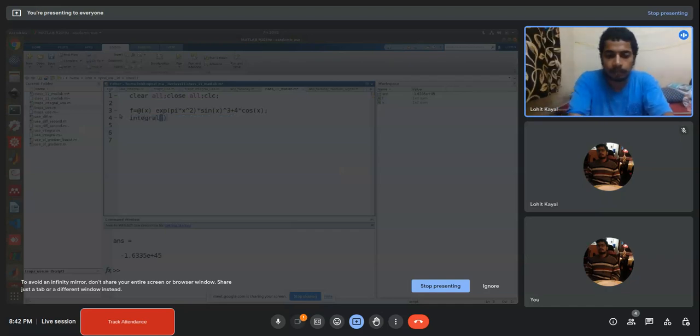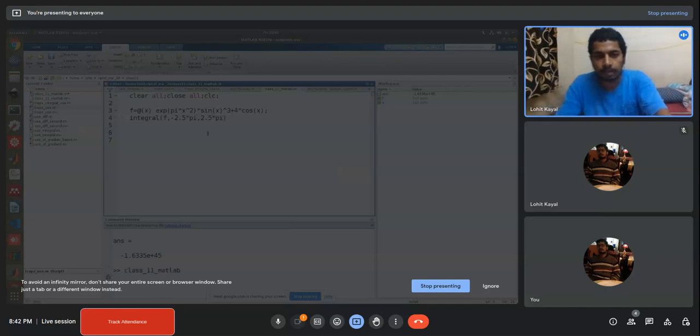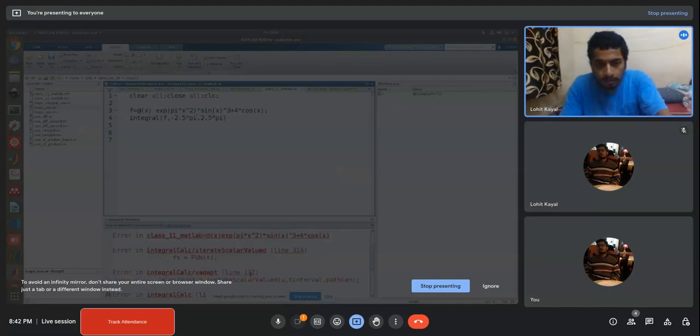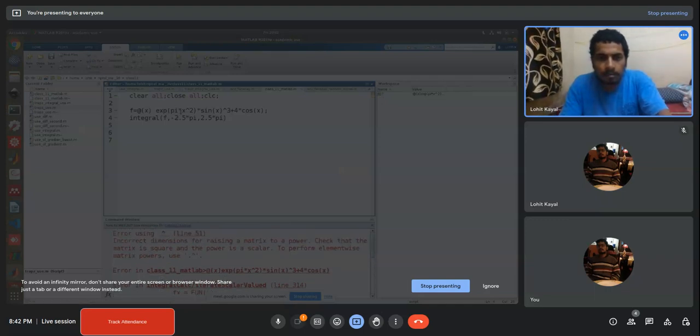I don't need double. It will be integral of f from minus 4 pi. Let's see if it can give some answer. Oh, okay, sorry, I need to provide the dot operators.